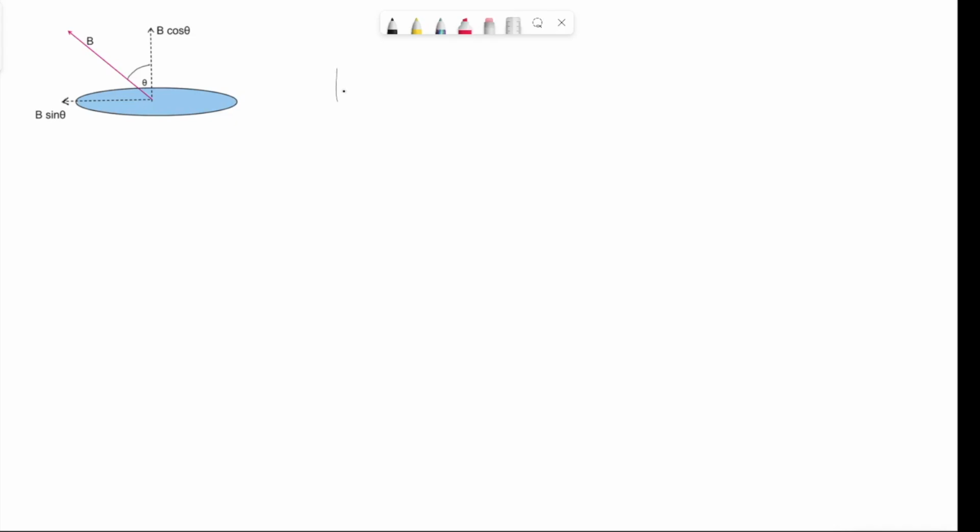We define the term linking as being at 90 degrees to the surface. In this diagram, we can see that B sin theta is horizontal to the surface and therefore not linking the surface, whereas B cos theta is at 90 degrees to the surface and therefore linking the surface.